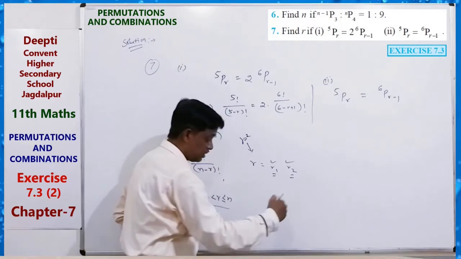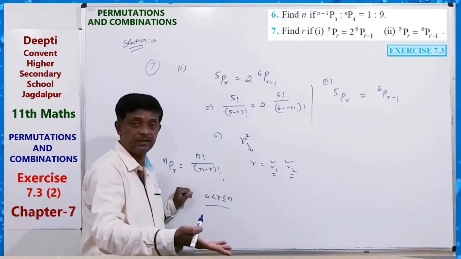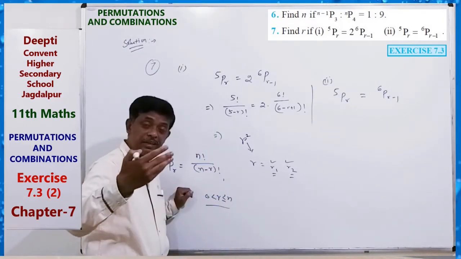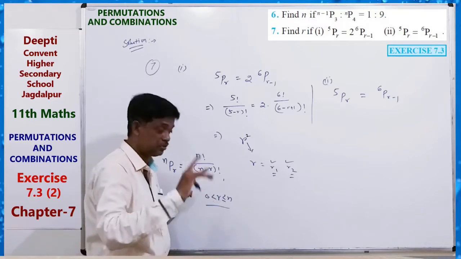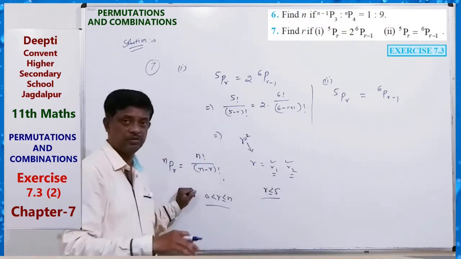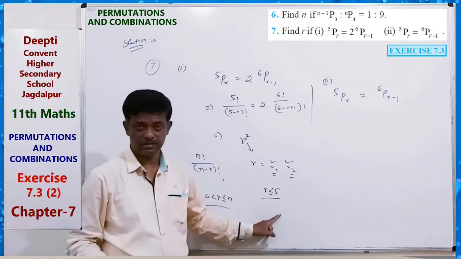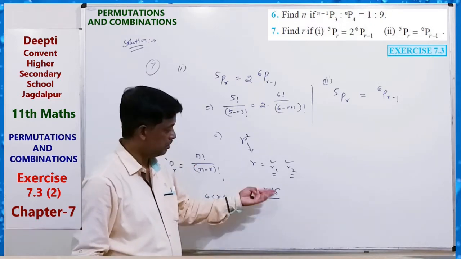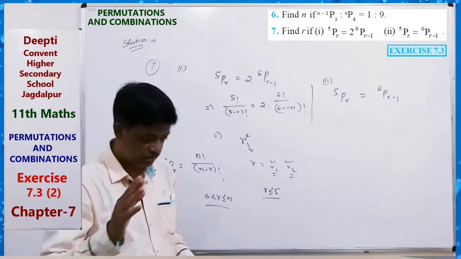The value satisfying r less than or equal to 5 will be the answer, and a value greater than 5 will be cancelled out.